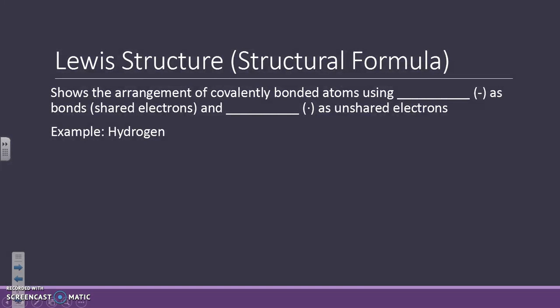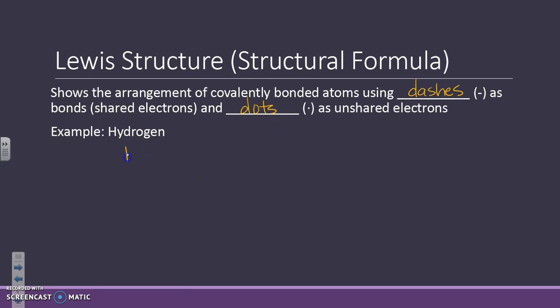Okay, Lewis structures. Lewis structures show the arrangement of the covalently bonded atoms. They use dashes to show the bond, the shared electrons, and they use dots to show the unshared or non-bonded electrons.